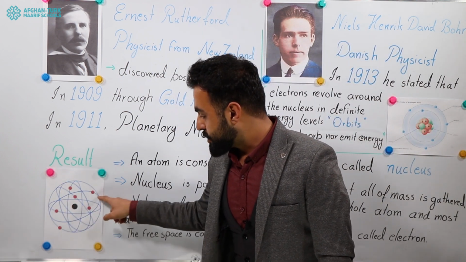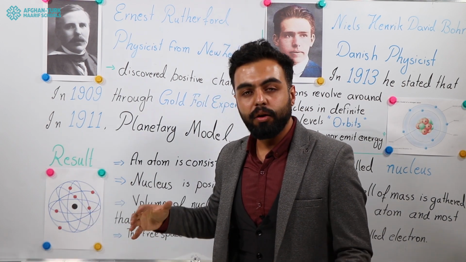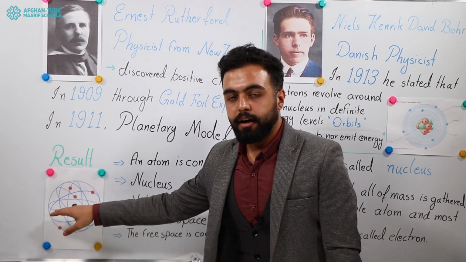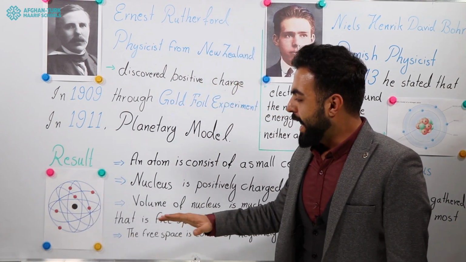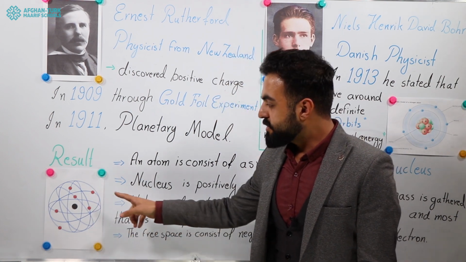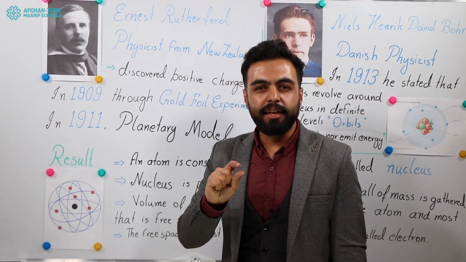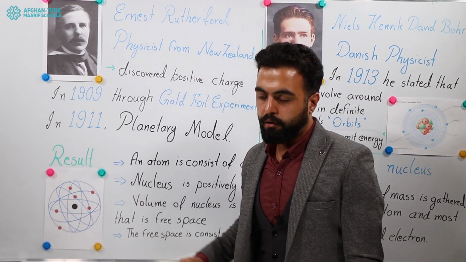This is the whole atom, but the volume of that mass is much smaller than the whole atom. And most of the space of atom is a free space. And number 4, this free space has particles which have negative charge. They are called electrons, these red ones.